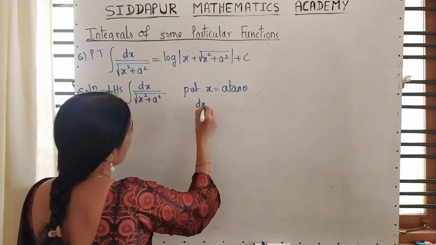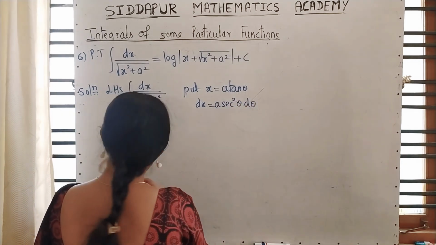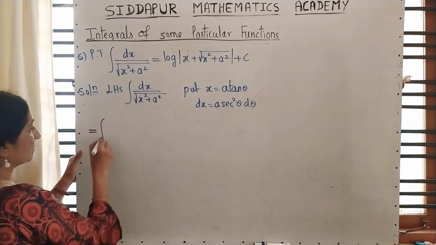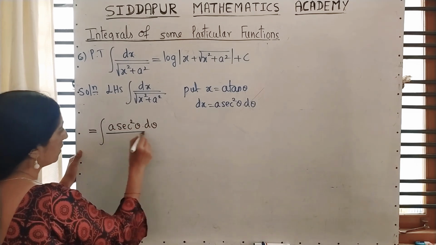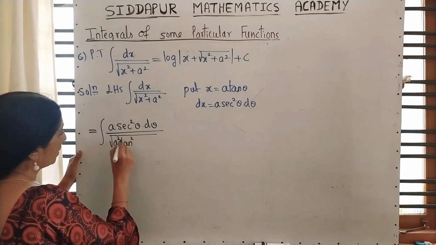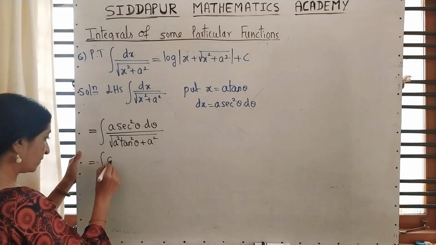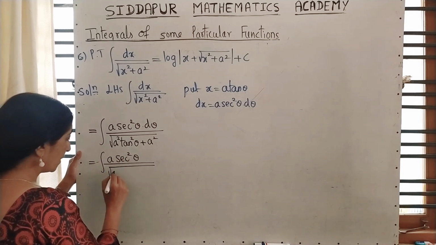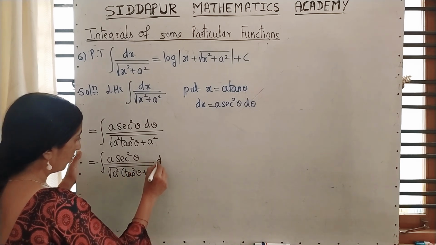Differentiate this. dx is equal to a secant square theta into d theta. a secant square theta into d theta divided by root of, x square is a square tan square theta, plus a square. a secant square theta as it is, here a square common, tan square theta plus 1.